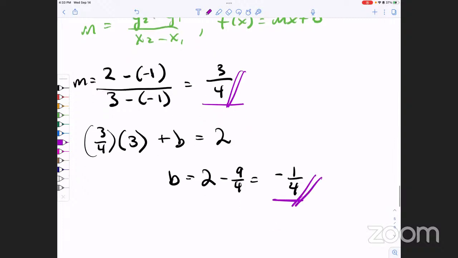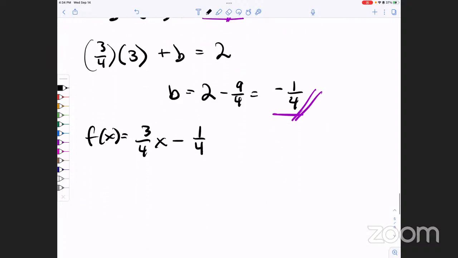Okay. So then the equation of the line through those 2 points that we get is f of x equals 3/4 x minus 1 by 4. Okay. So then if we want the x-intercept, we set y to 0 and solve. So then we would have 3/4 x minus 1 by 4 equals 0.